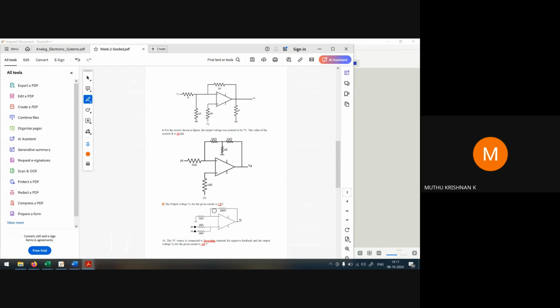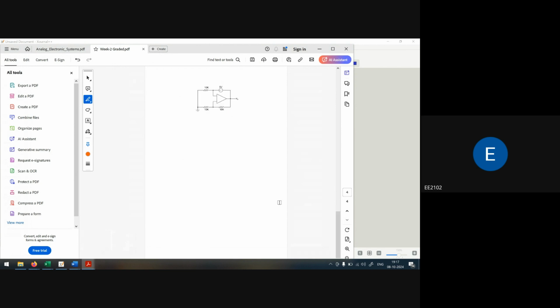And sir, in the last question, the 10th one, yes, here. Sir, here the source, shouldn't it be connected to the positive terminal, I mean the non-inverting terminal, for negative feedback?